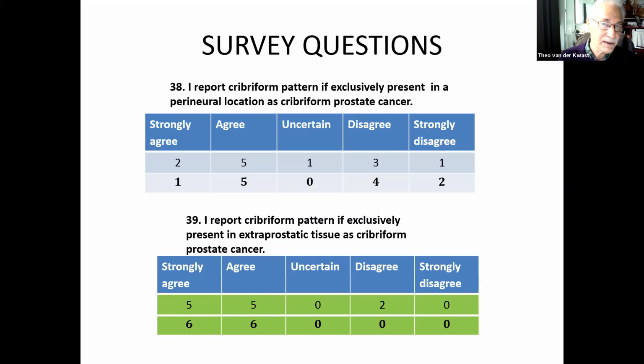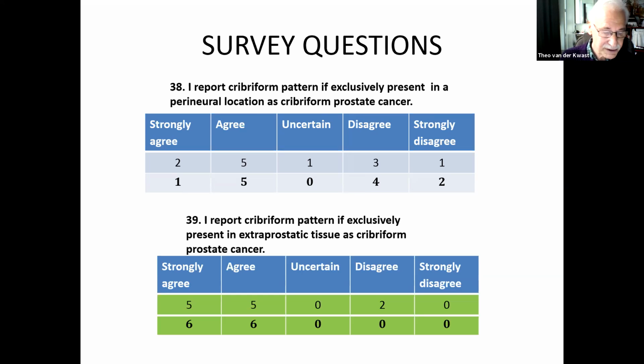Some would consider cribriform pattern along a nerve as cribriform prostate cancer, and others would argue that this is maybe a differentiation into cribriform pattern due to the location around the nerve, and they would not call it cribriform pattern when it is only located around a nerve.